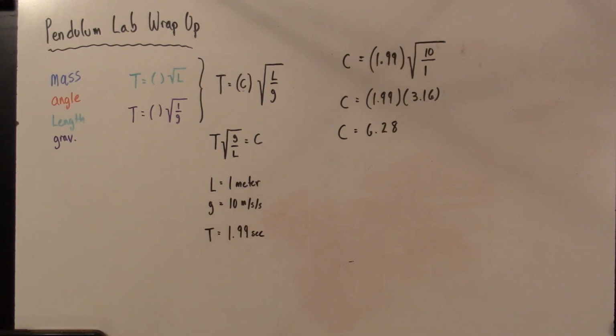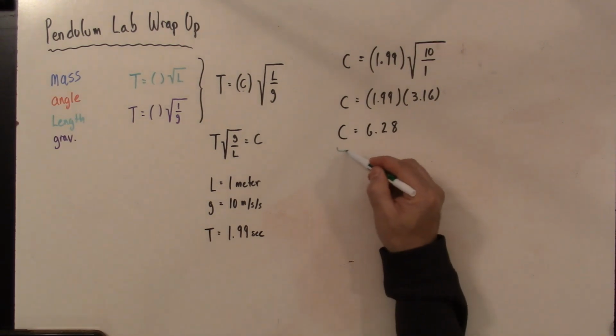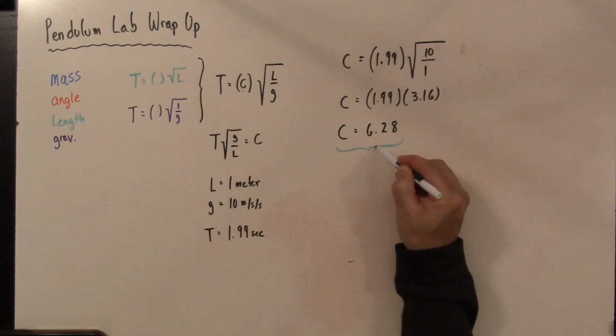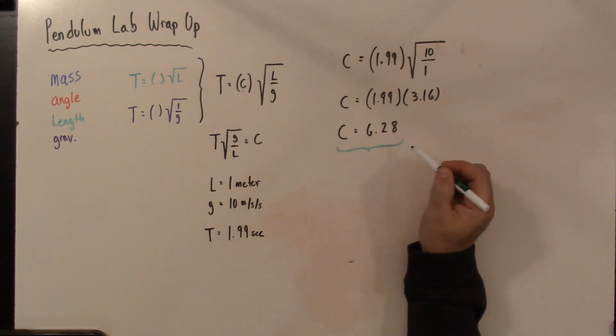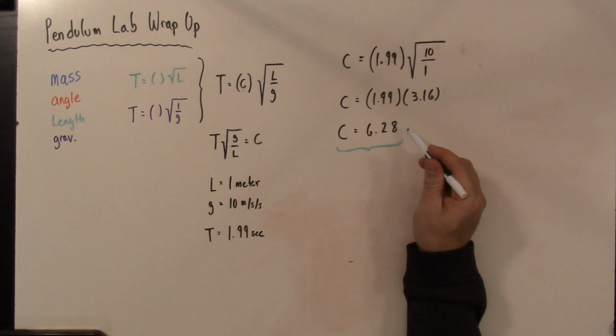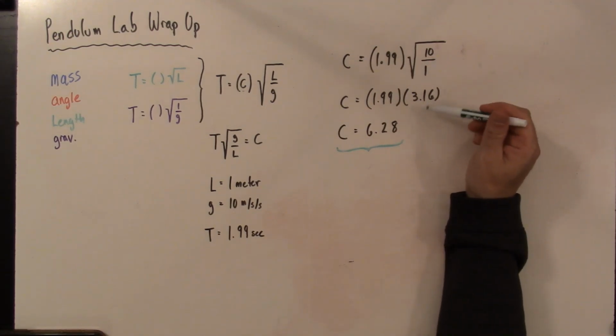Now, if you're paying attention and you look at this 6.28, does it seem vaguely familiar to anyone? Now we could do a unit analysis, but I don't want to bore anybody with that.